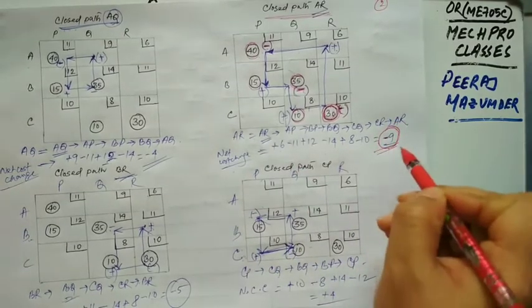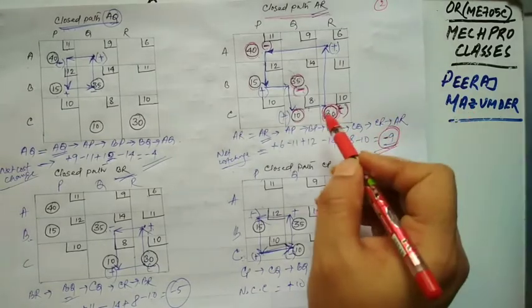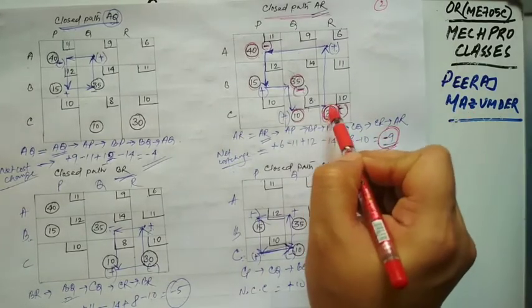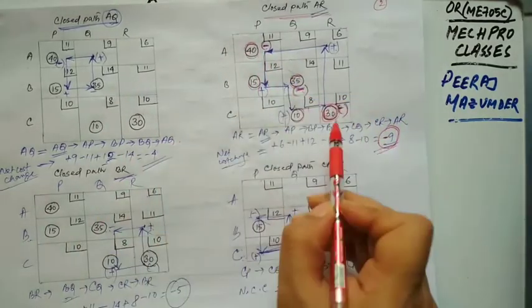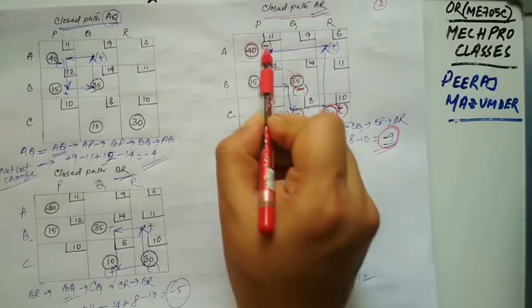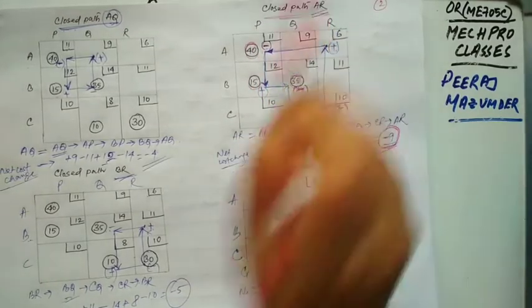The maximum negative change you have to consider. And you have to select the negatively allocated cells. There are 3 negatively allocated cells for this particular water square AR.